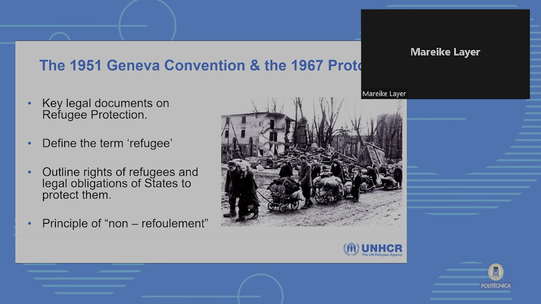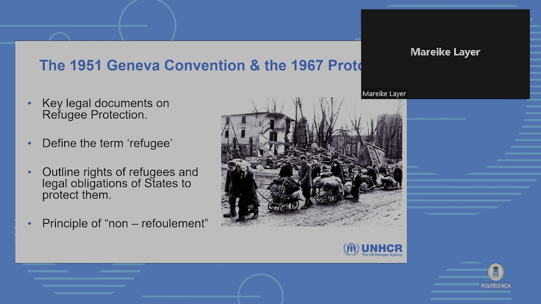It also contains what the rights of refugees are and should be in a country where they are admitted as refugees, and the legal obligations of states to protect these refugees. And the other very important aspect, which is what is called the cornerstone of international protection, is that the Geneva Convention in its Article 33 establishes the principle of non-refoulement, which we use the French term.